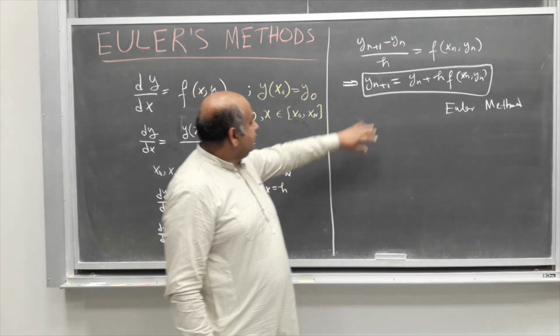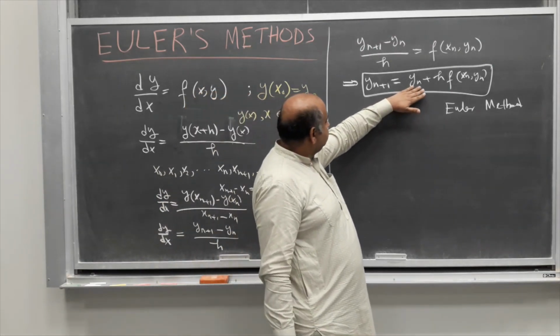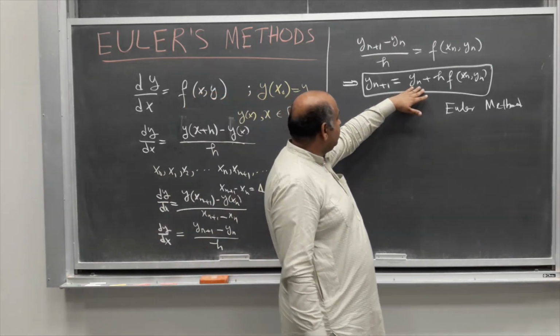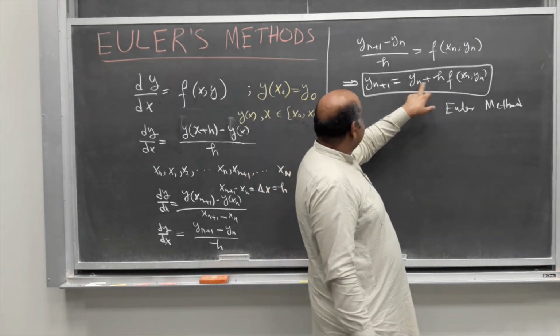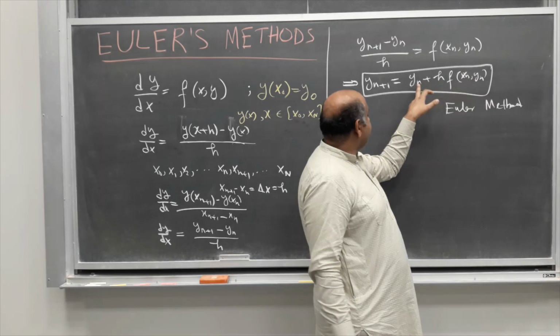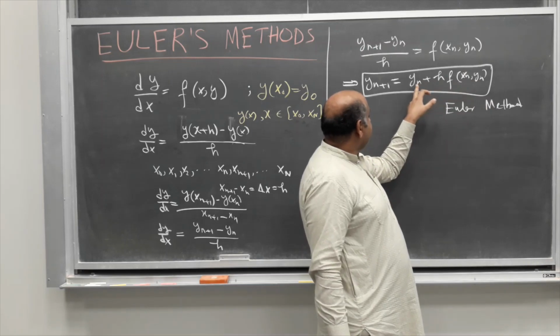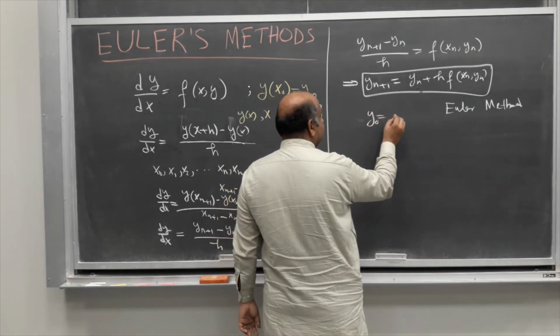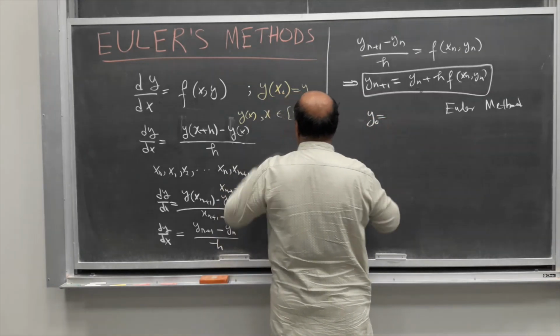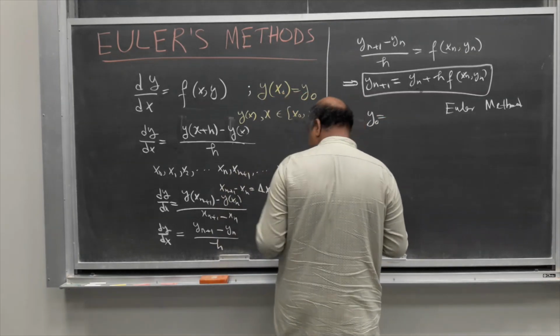You see, we can easily set it up in any computer program. We know the initial value x naught, y naught. We put x naught, y naught here. We don't need to compute y naught because y naught is given.